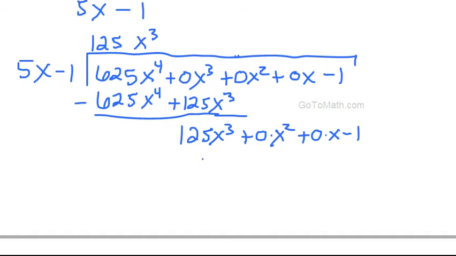Alright. So now we have 5x goes into 125x cubed. And that's definitely going to be 5 times. Did I say 5 times? 5 goes into 125 25 times. I don't know what I'm thinking there. Plus, so that's going to be 25x squared.